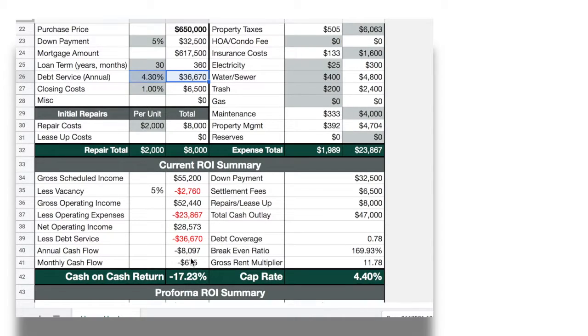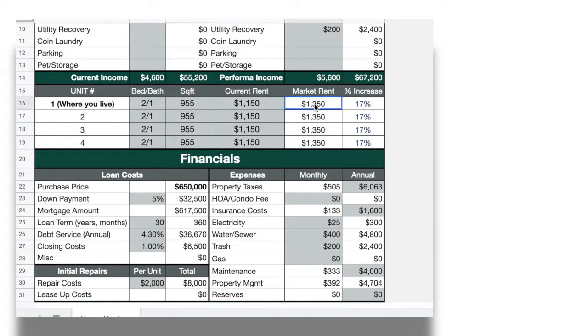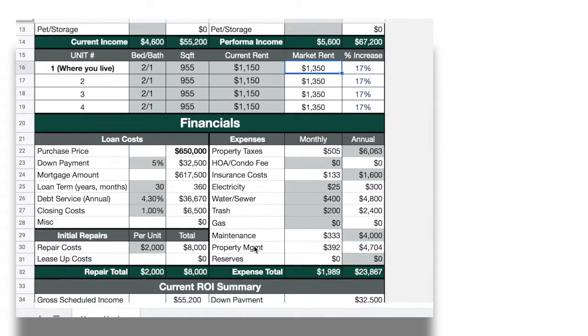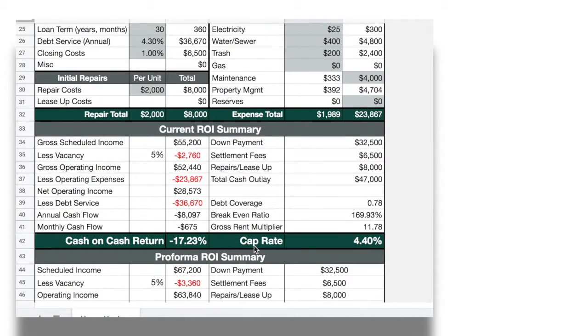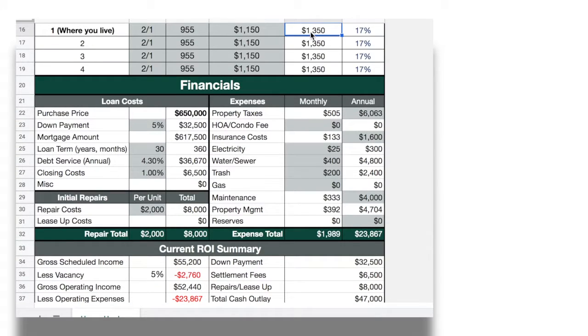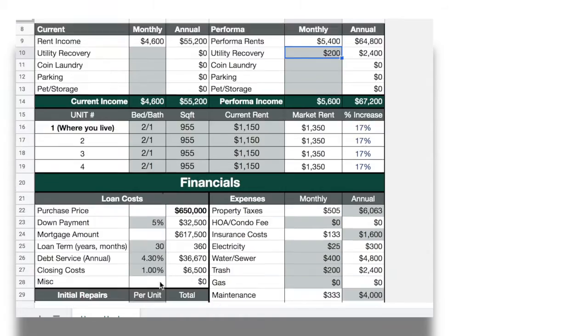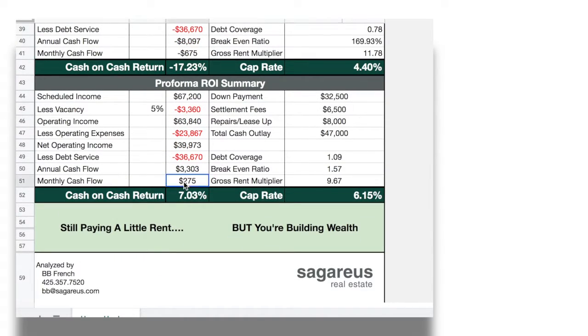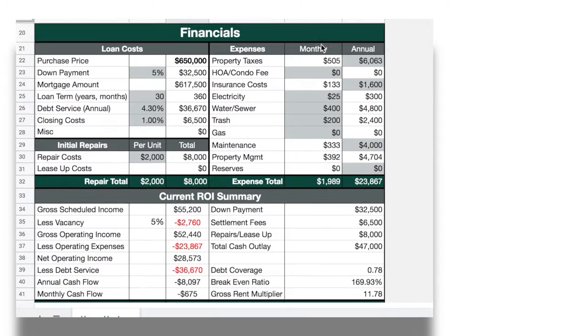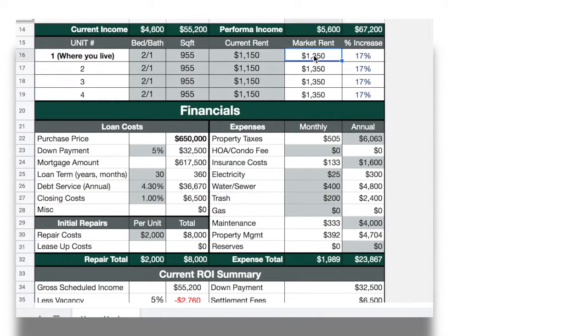Then you go here, so negative 675. So at first, negative 675 plus $13.50 a month is what your quote-unquote rent / mortgage payment is going to be. Once you increase everybody's rent and their utilities, you're going to be making $275 minus the $13.75.